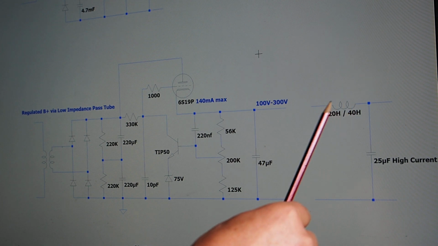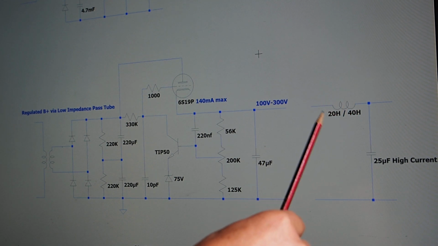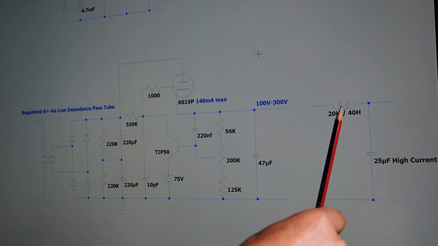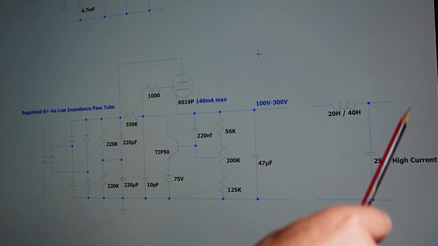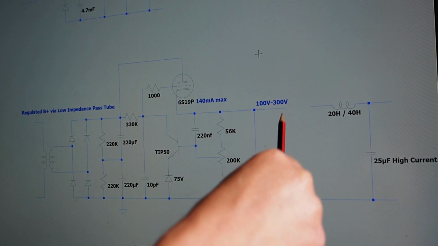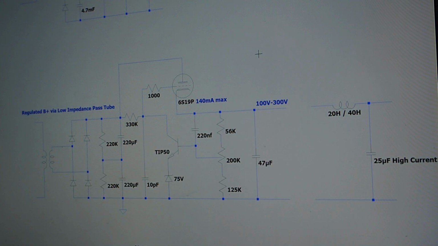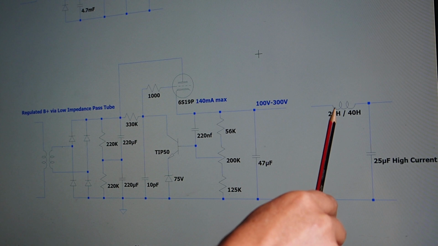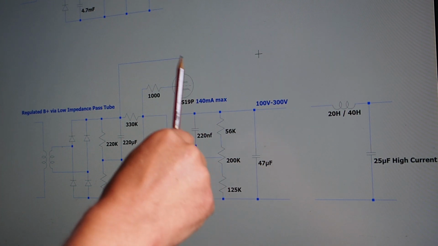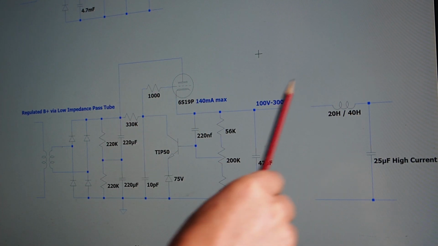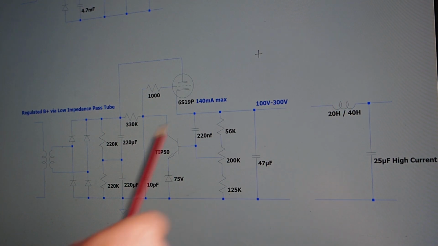Because relatively what happens is you're talking about a near DC signal here, so it actually doesn't have to deal with much fluctuation in the signal. So generally you don't have to oversize this as much as you would in a normal power supply. You can be a bit laxer.